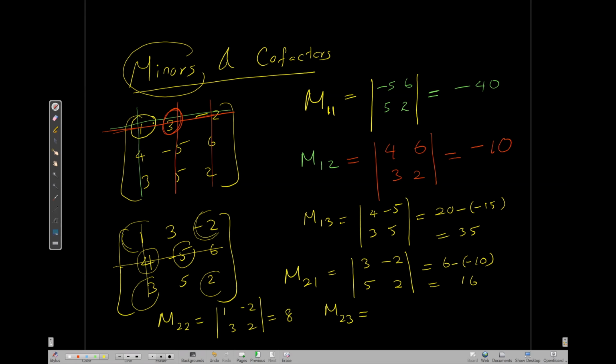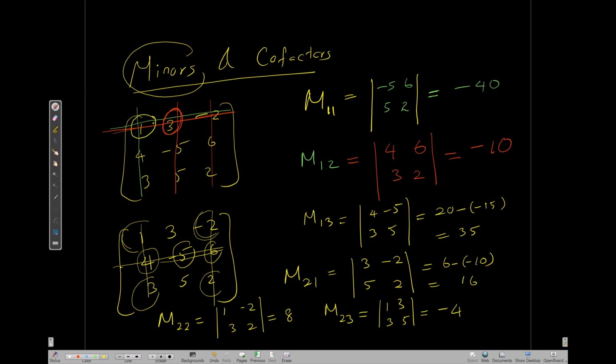M23, second row, third column. You delete the second row and third column, so the remaining are 1, 3, 3, 5. So 5 minus 9, which is negative 4.